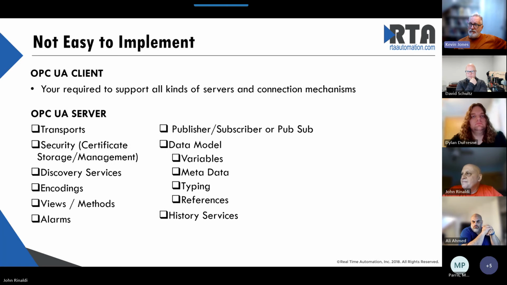And lots of options, lots of flexibility creates a very complex tool, which then results in different companies implementing them in different ways, and then connecting to two different OPC UA servers is different. Yes, if you get two pumps with OPC UA servers from two different vendors, there's little chance that they're the same.